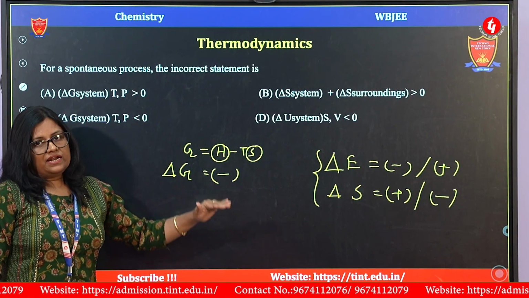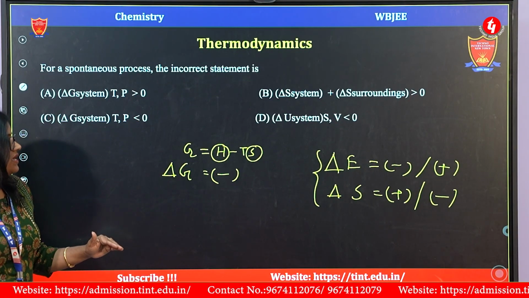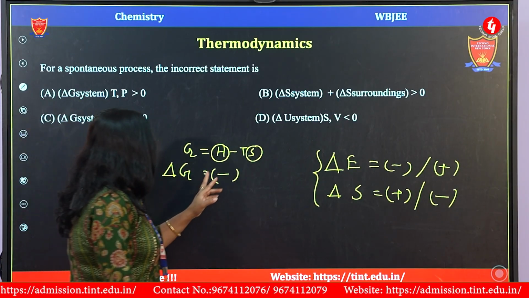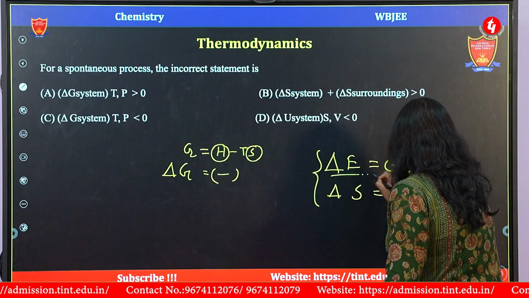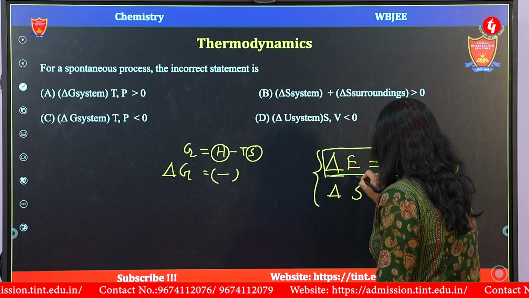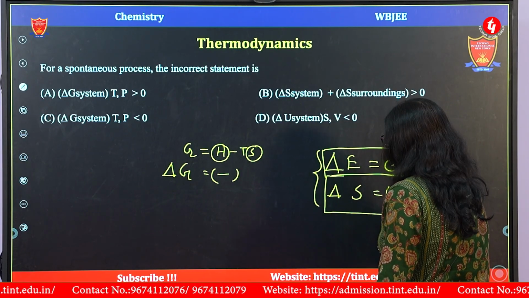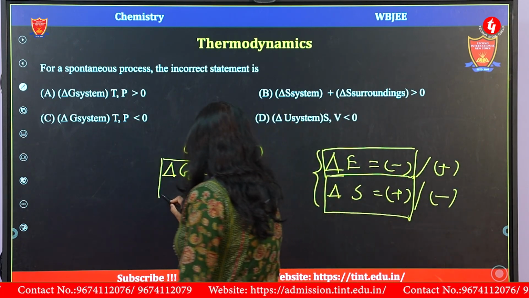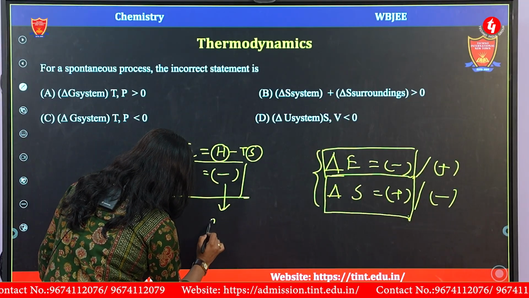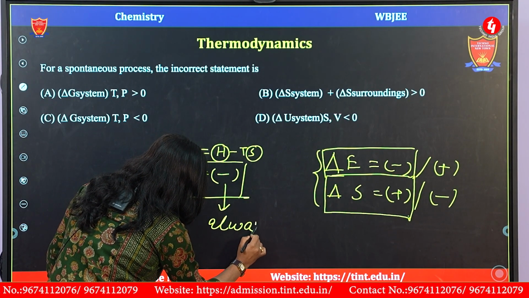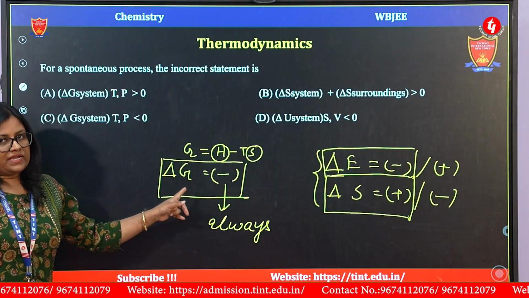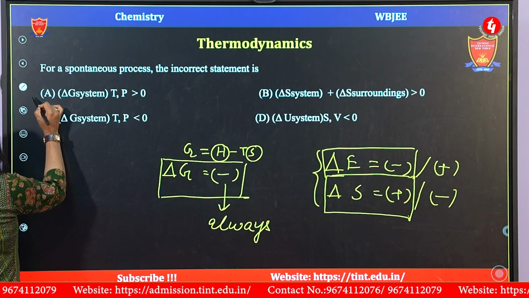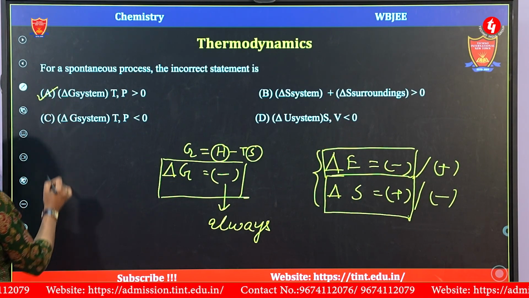So, in general, for any spontaneous process, you should consider delta E negative, delta S positive, and delta G always negative. So, here the incorrect statement is this one only.